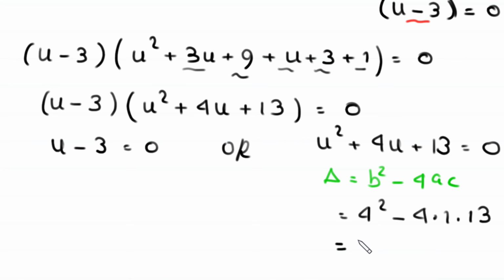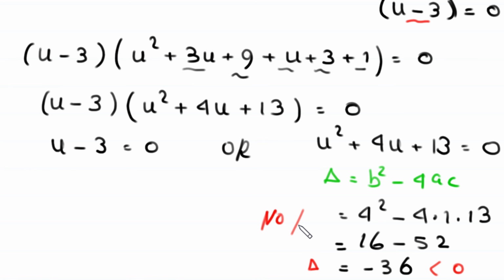So this will be equal to 4 squared is 16, and negative 4 times 13 is negative 52, and 16 minus 52 will become negative 36. It means that the discriminant, that is also called delta, is less than 0. So no real solution is possible from this case.